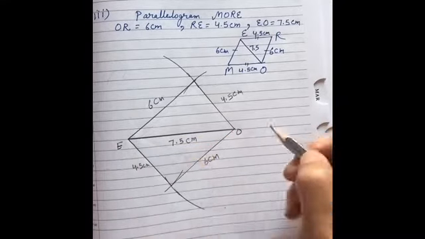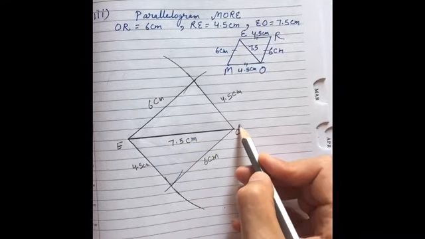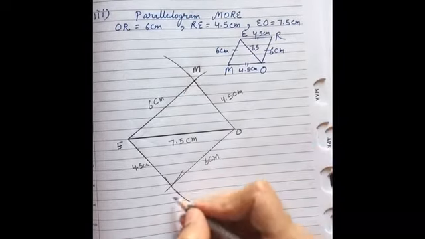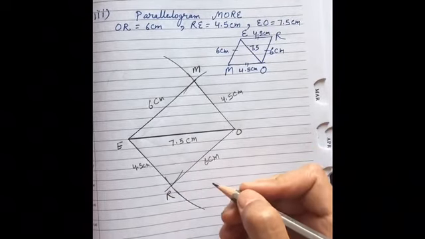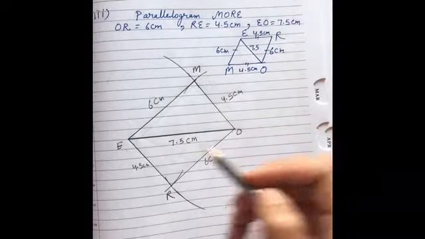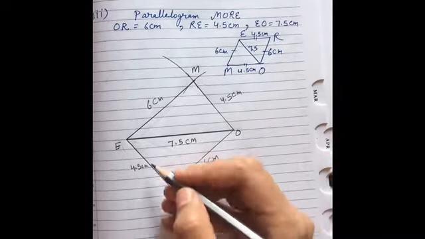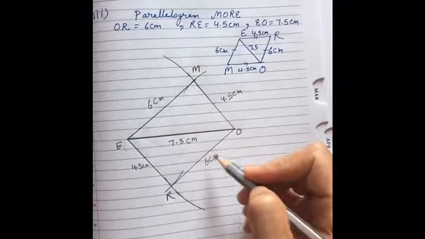Fine. So this was E, this was O, and this is M, and this is R. Okay, M-O-R-E. This is your parallelogram. You can see the opposite sides are equal, and they are parallel.